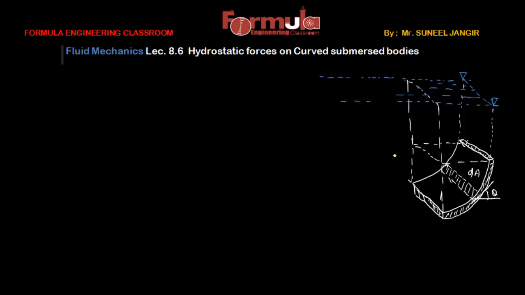In this case, obviously this elemental area has some distance from the free surface of the fluid. Let's suppose this distance is y. The pressure intensity at this depth on this curved surface will be P, and that pressure intensity will be normal to the surface, so we can draw it like that.